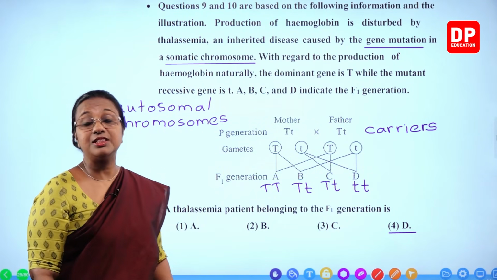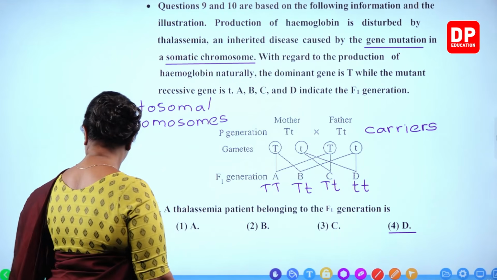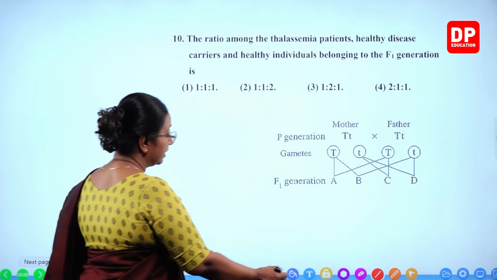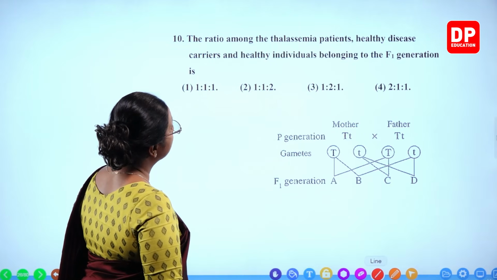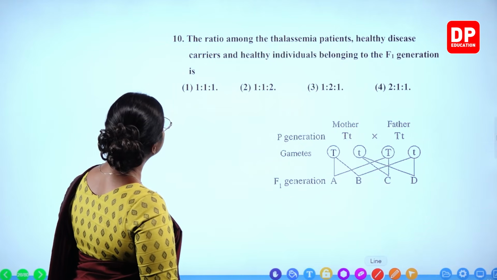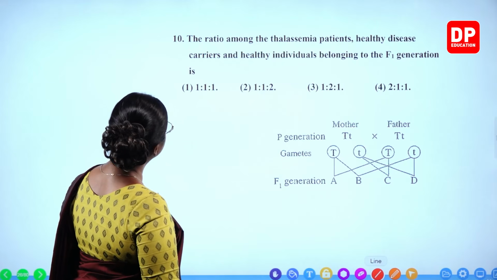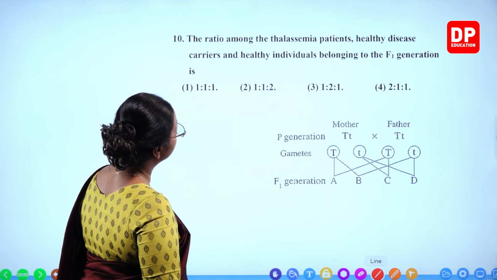Then the 10th question, again related to this. The question asks for the ratio among thalassemia patients, healthy disease carriers and healthy individuals.